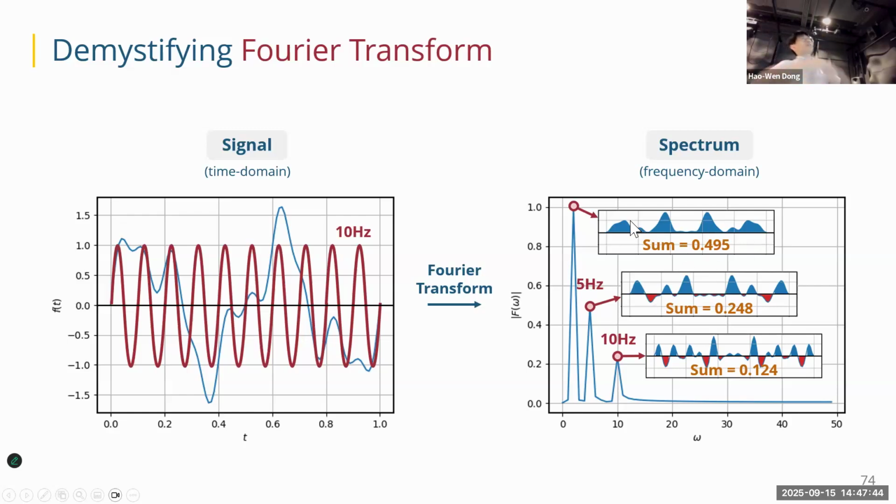In this case, everything is positive because the 2 hertz signal just perfectly matches. So you get a very strong detection. But for 5 hertz, now there's some negative part. For 10 hertz, still some negative part. But overall, it sums to something. And so this magnitude shows you how good the match is, how strong that frequency component is. That's how we do this spectrum frequency domain analysis.